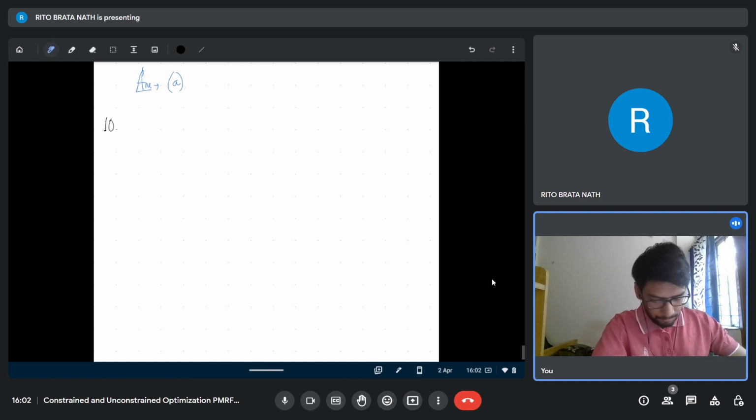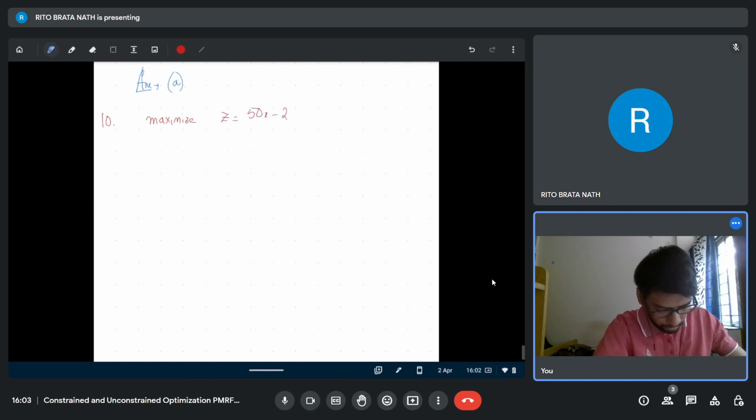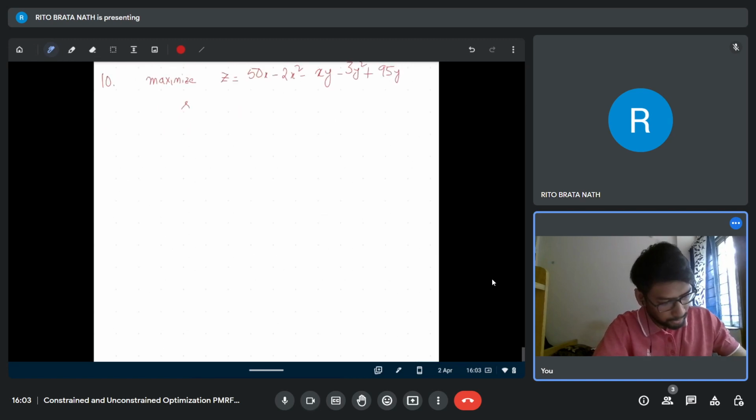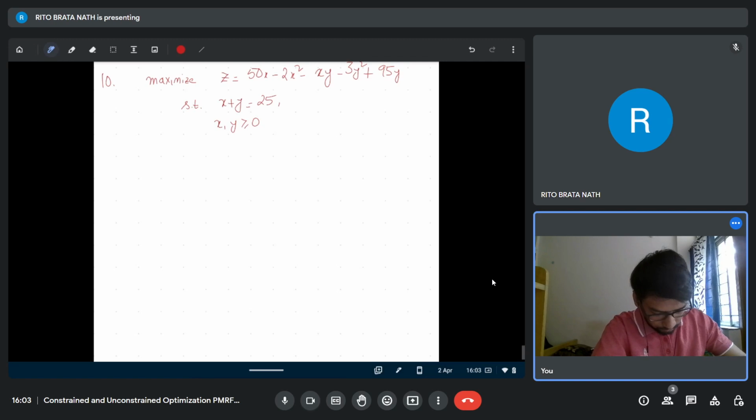Okay, so let me write down problem 10. This is again a similar problem. Maximize z equals 50x minus 2x squared minus xy minus 3y squared plus 95y, subject to x plus y equals 25, xy greater than or equal to 0.